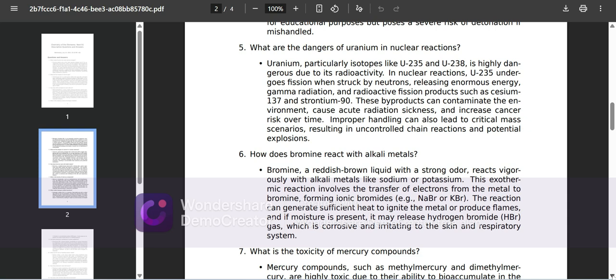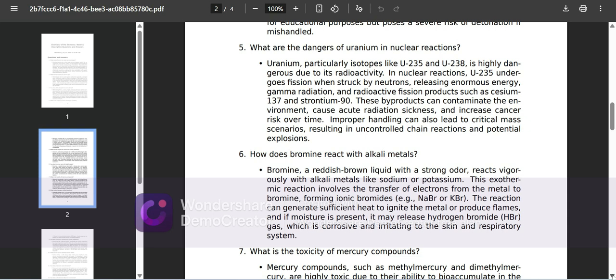What are the dangers of uranium in nuclear reactions? Uranium, particularly isotopes like uranium-235 and uranium-238, is highly dangerous due to its radioactivity in nuclear reactions. Uranium-235 undergoes fission when struck by neutrons, releasing enormous energy, gamma radiation, and radioactive fission products such as cesium-137 and strontium-90.